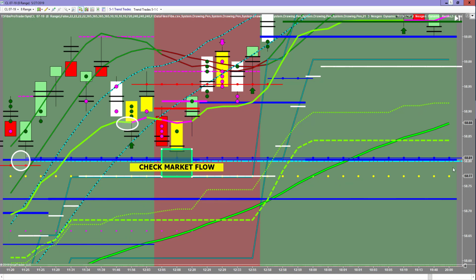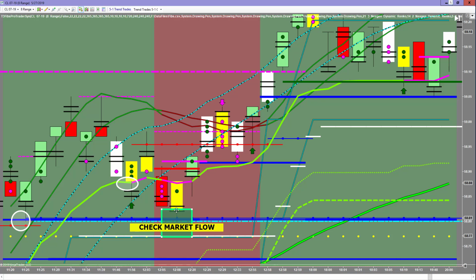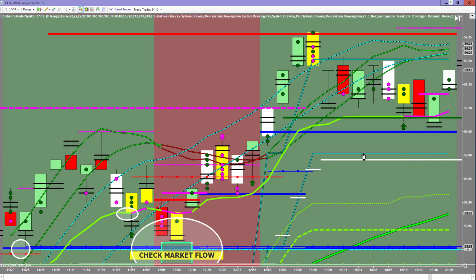You guys understand that? The market flow is a one-bar event. The 14-2 chart still says we want to go long. The 8-2 chart said we're going to go deeper. And then you allow the market flow to generate your signal for you before you go long, and you end up having a reason to get in.